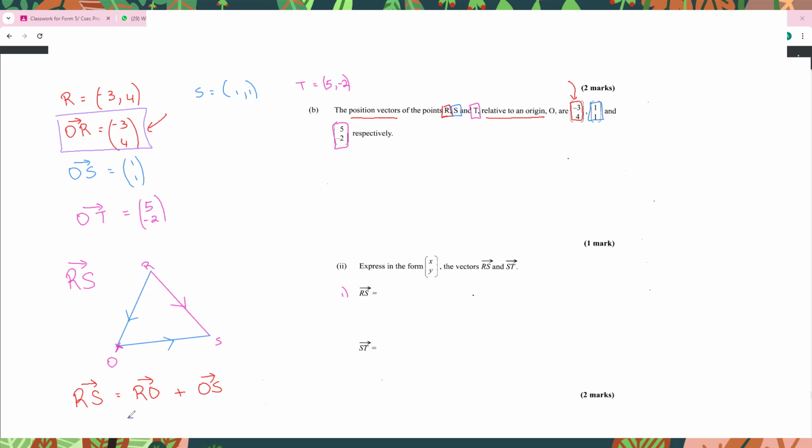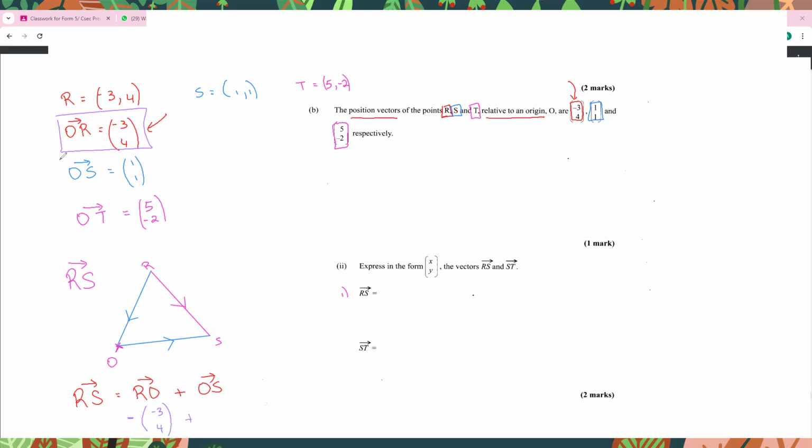So we simply have to change the direction, right? Because if we know OR, then for RO, we're going to change the direction of OR. So it will be the negative of -3, 4.